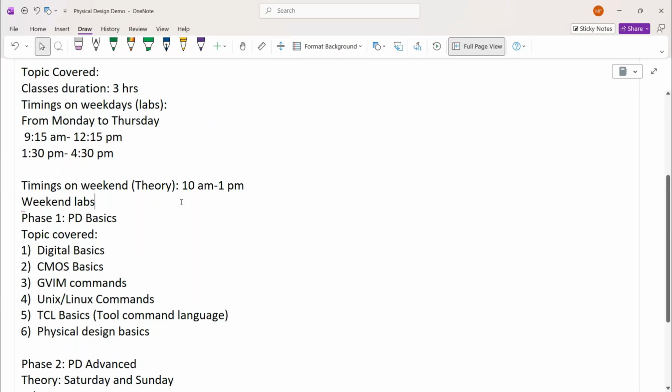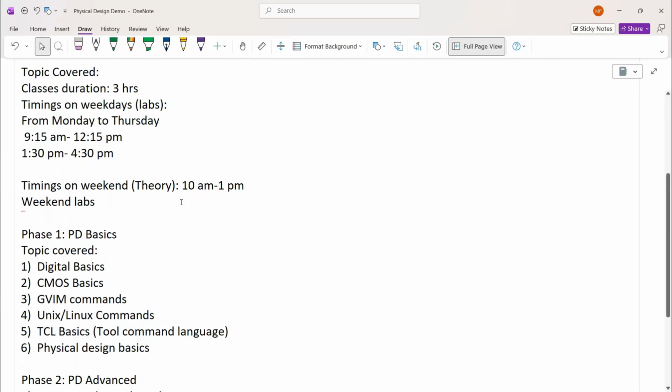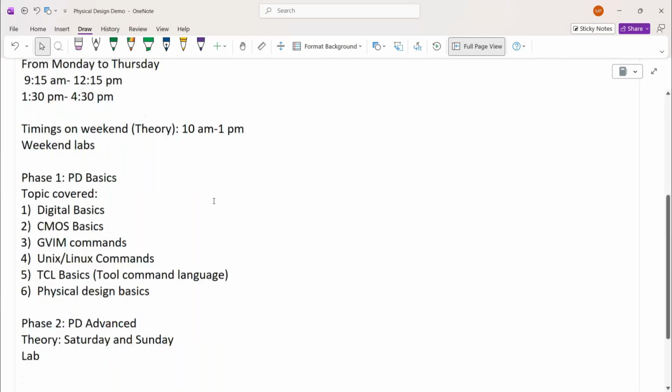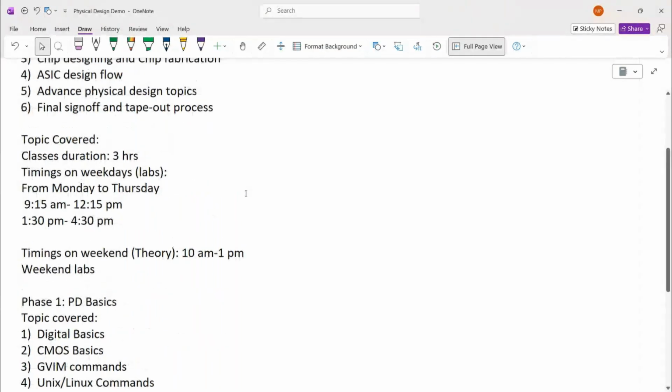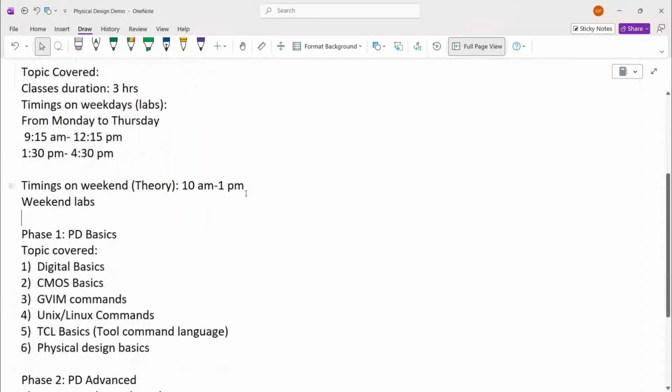Correct? Any questions? Any confusion in the course structure, the timing? You can ask me, and I can repeat again. There are two formats: one is weekday, another is weekend, right? It is segregated into theory and lab. Theory happens on Saturdays and Sundays, taken by industry professionals, and is common for both weekend and weekday batches.